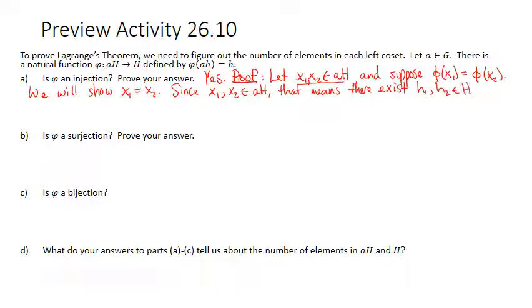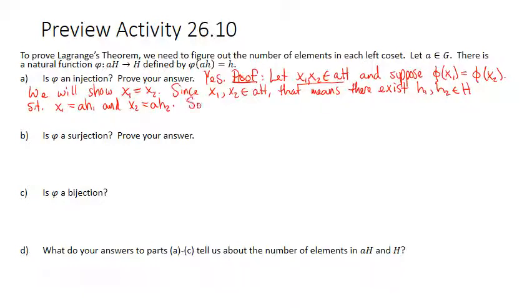So there have to be two elements in H like that, such that x1 equals A H1 and x2 equals A H2. So we know that these two H's have to exist because otherwise x1 and x2 could not be in this left coset A capital H.